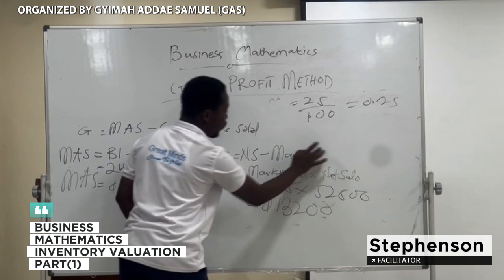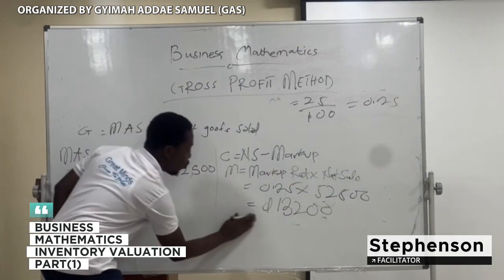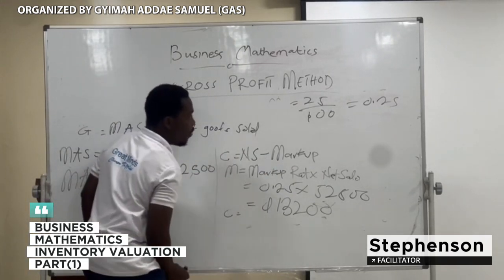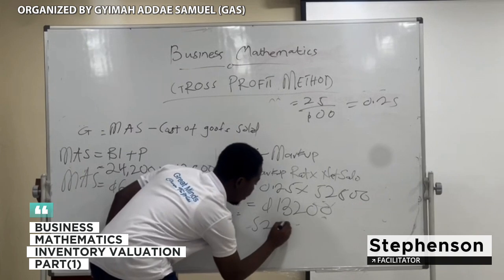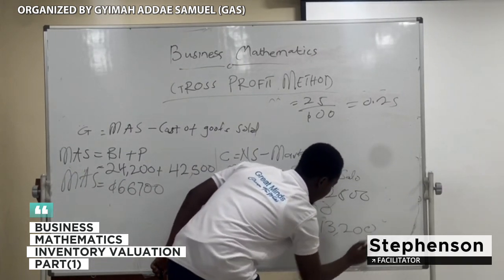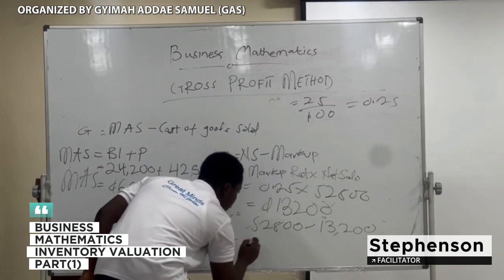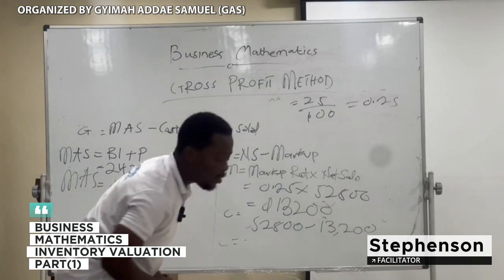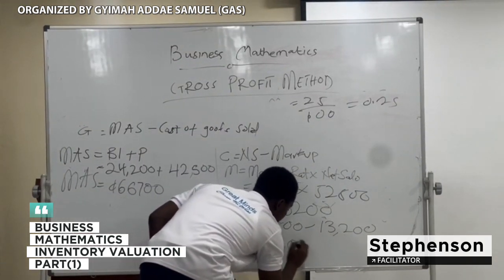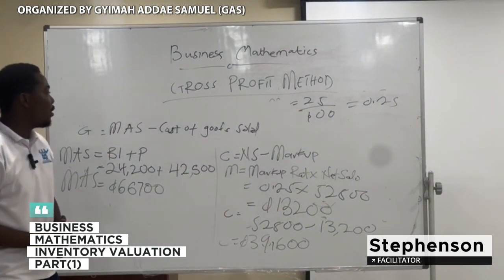Let's subtract this from our sales. Cost of goods sold is equal to 52,800 minus 13,200, and we get 39,600.